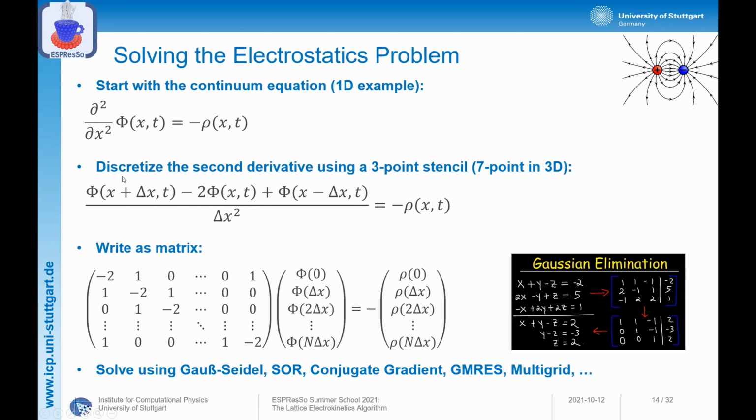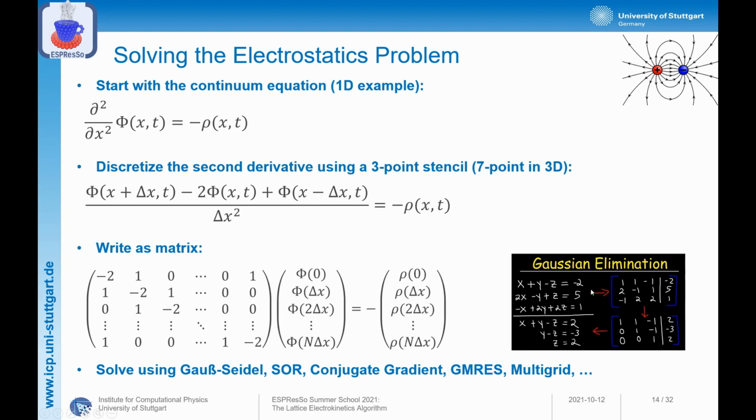If we do that for the next node, we will again get an equation that involves 3 of the phi's in a row, and again, and we get as many of these equations as we have access, so lattice nodes. And in the end, we get this system of equations here, which we can write in matrix form. What have we gained through that? Because this still looks like a difficult thing to solve. But now we just have a matrix equation, and probably since the 8th grade, you know at least one method how to do it.